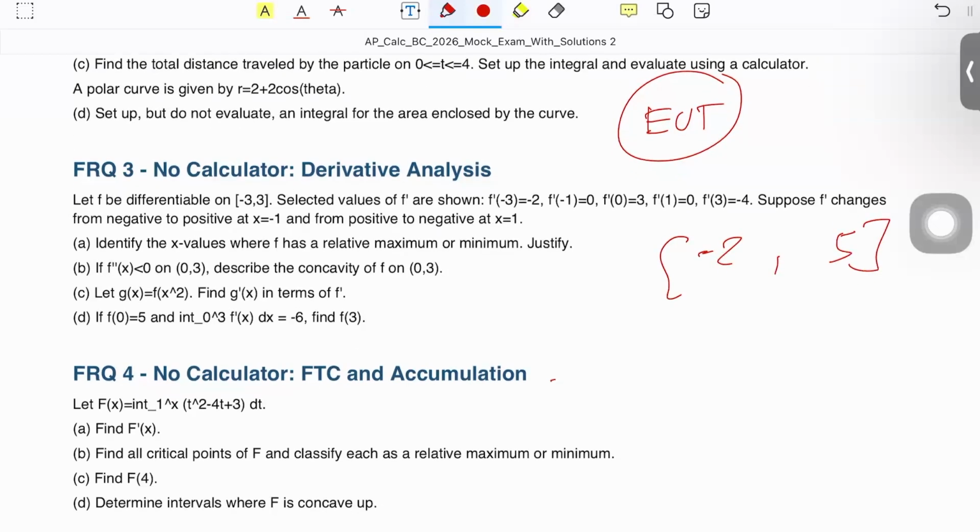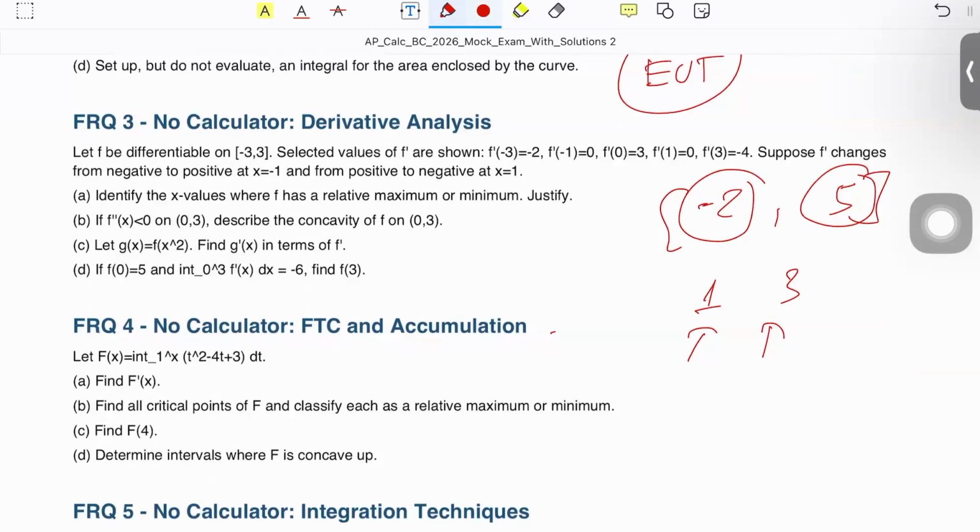After you take the derivative of the function, you find that the critical points happen at 1 and 3. So one of them is going to be the maximum or minimum, or you need to check -2 and 5 as well.